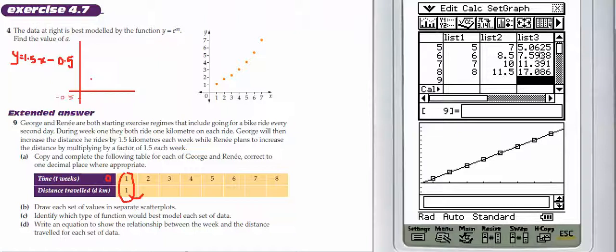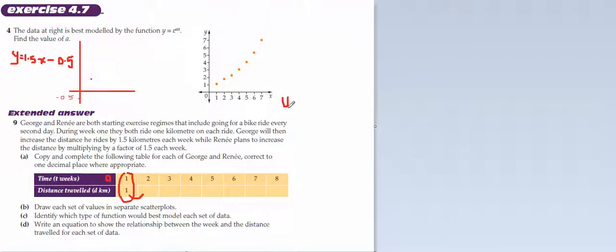Okay, so I've gone through and completed Renee's list. Now Renee has a multiplier of 1.5, so I'd expect Renee's rule to be y equals some starting value times 1.5 to the power of x. Now my base has to be 1.5 because that's what I multiply each by.